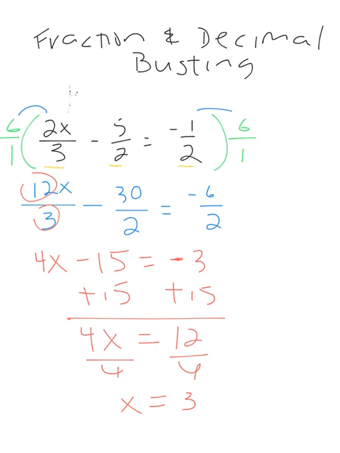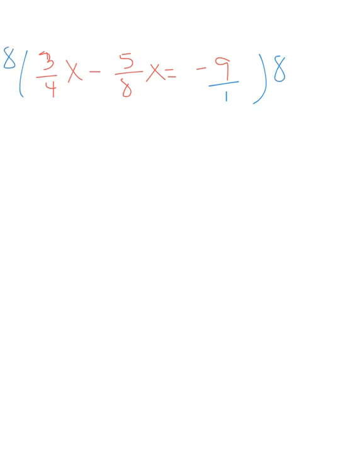Let's take a look at another one. 3/4 x minus 5/8 x equals negative 9. You've got 4 and 8. Go ahead and just put a 1 under there. Common denominator is 8. You'll notice I write it on both sides so I don't forget.